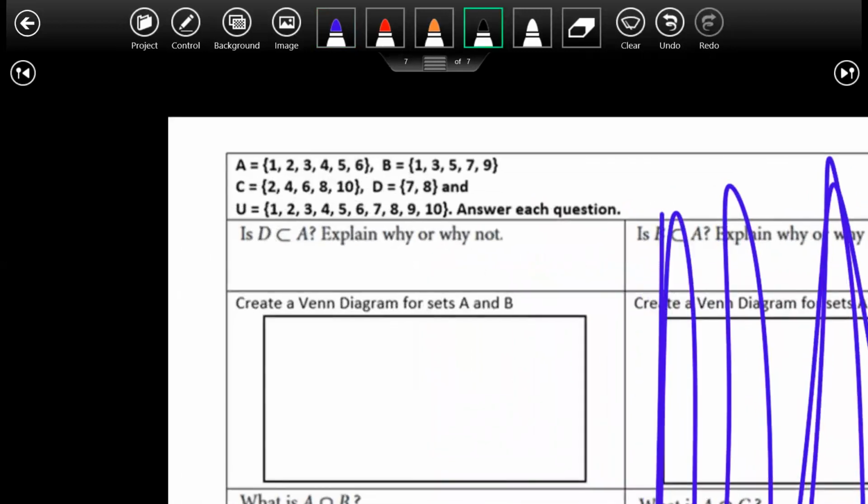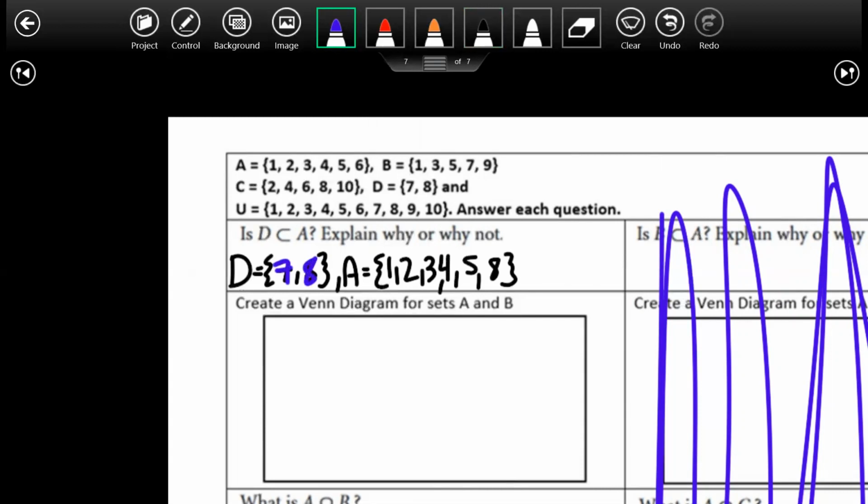Is D a subset of A? Why is it not? Are all the elements of D in A? What elements of D do we have?